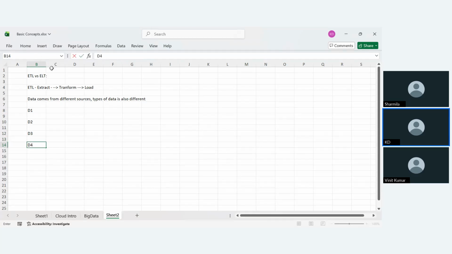So the first data node is, let's say, CSV files, and then there is XML. Then the second data node is, let's say, XML files. Then the third is a JSON file, and the fourth is a normal database form.